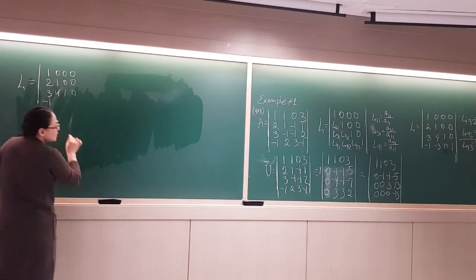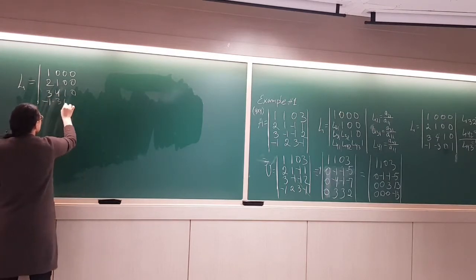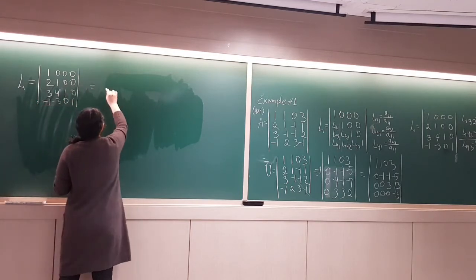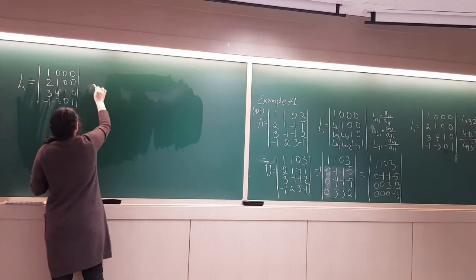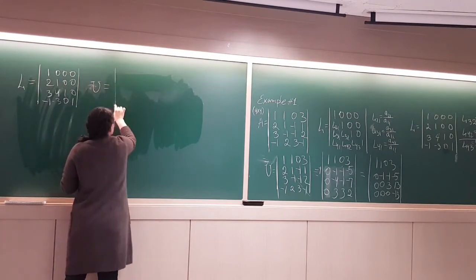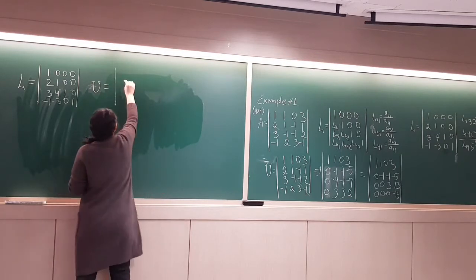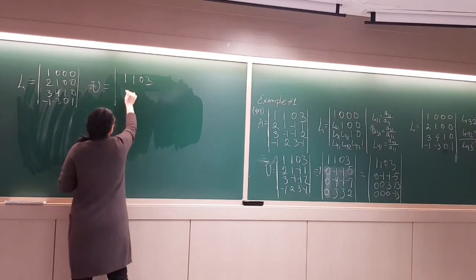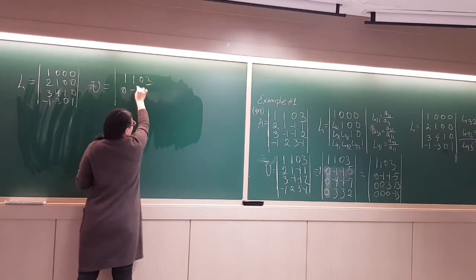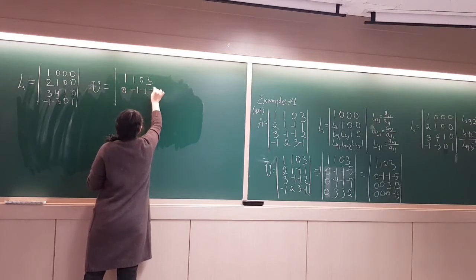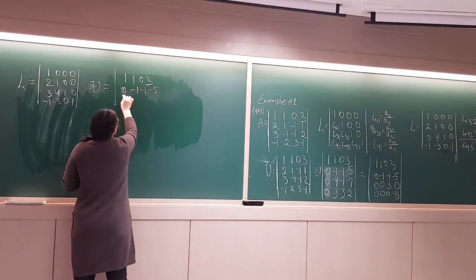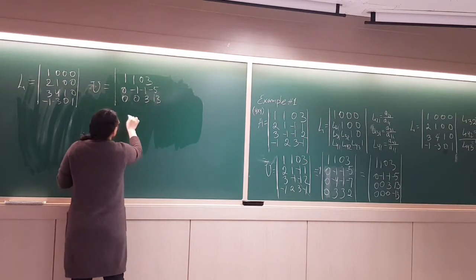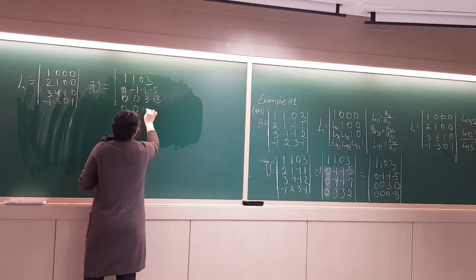Minus 1, minus 1, minus 3, 0, 1. This is L, and what is the U? U is 1, 1, 0, and 0, minus 1, minus 1, minus 5, and 0, 0, 3, 13, 0, 0, 0 minus.